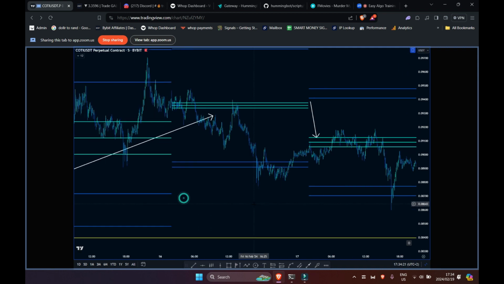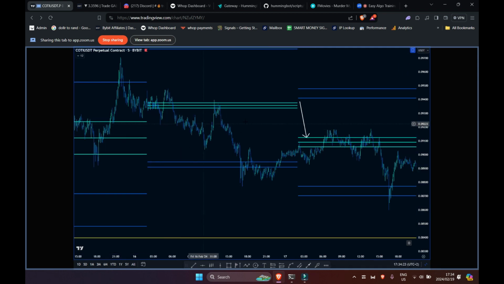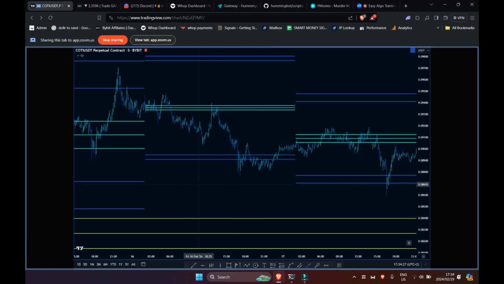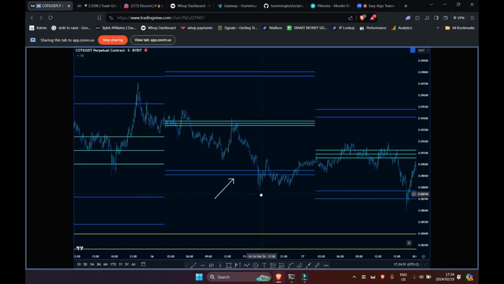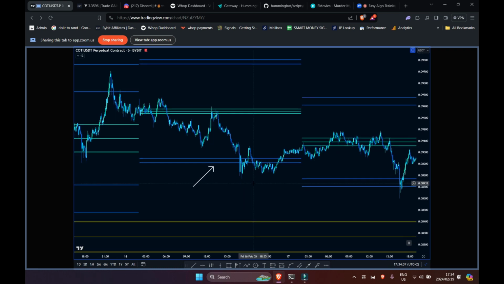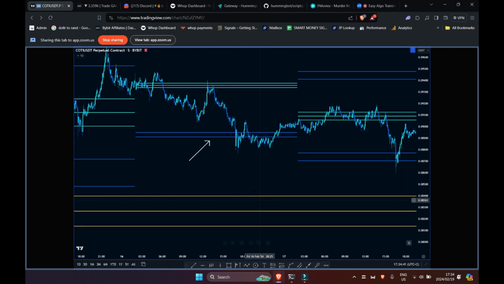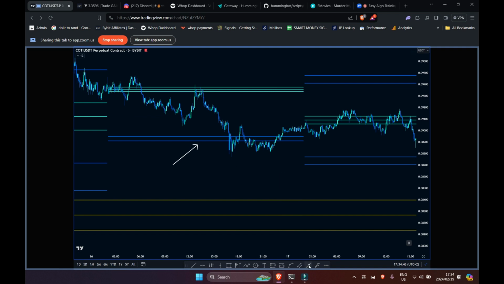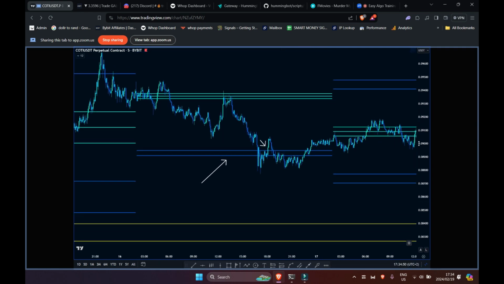But then also notice this. This is a very good place where you can look for a second entry. These 2 blue lines that you see here, these are the resistance areas. And the best entries are when price breaks out of them or back into them. Since in this example, we're only looking for longs because it's above the weekly pivot and above the monthly pivot, we could have looked for a long entry when price broke back into this pivot.